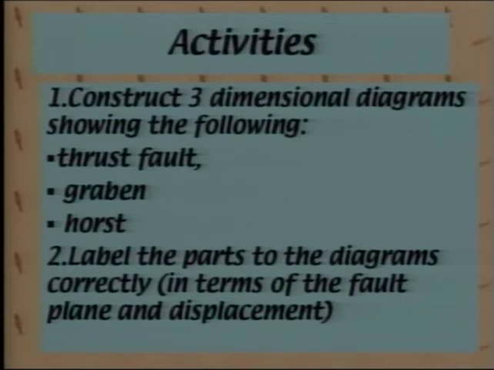I'm talking about labeling the fault plane, the fault line, the area which has been uplifted to be a horst and the area which has been depressed to be a graben. And I'd like you to also indicate the displacement correctly on your diagrams.